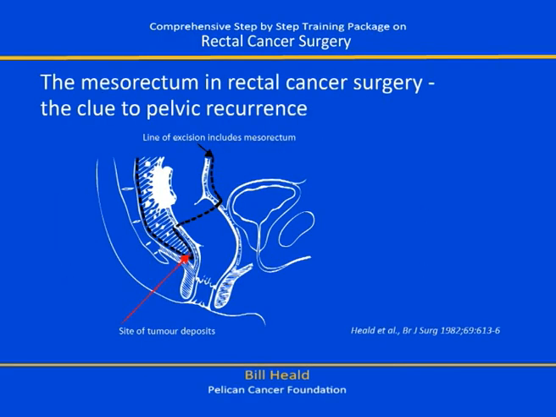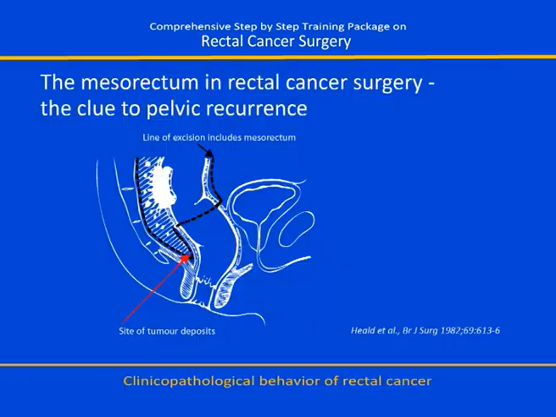This diagram has been copied thousands of times, and that paper, I am told, is the most frequently quoted in the whole colorectal cancer literature.